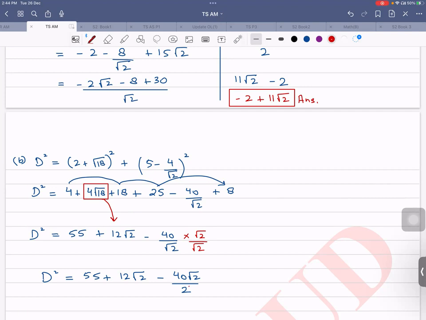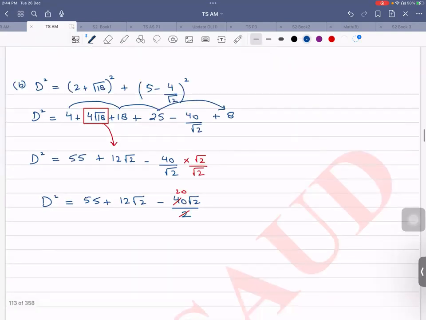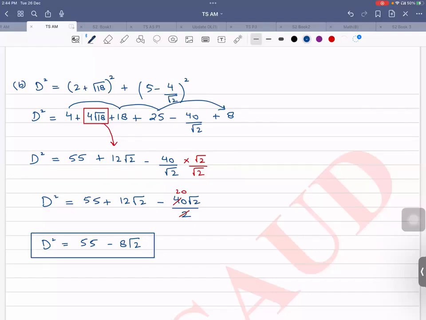I'm cancelling out 2 with 40. D square is equals to 55 plus 12 minus 20 is minus 8 square root 2. So we needed the value of D square and we got it.